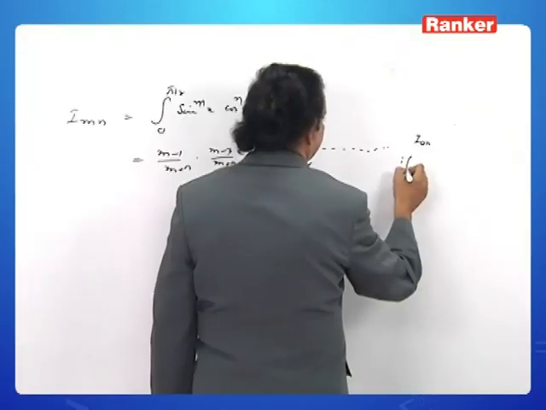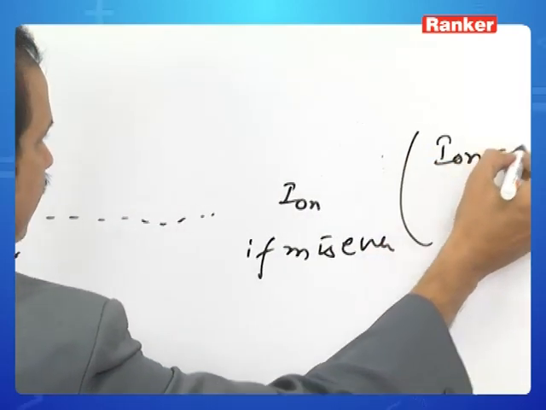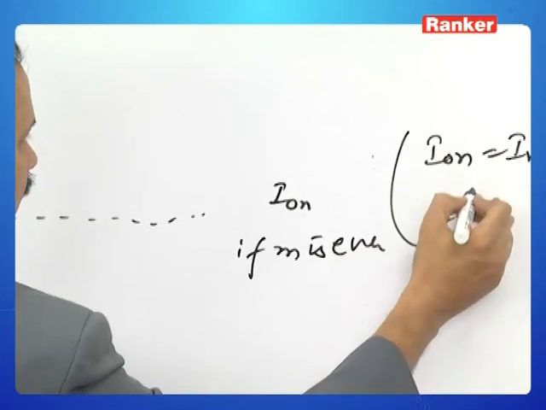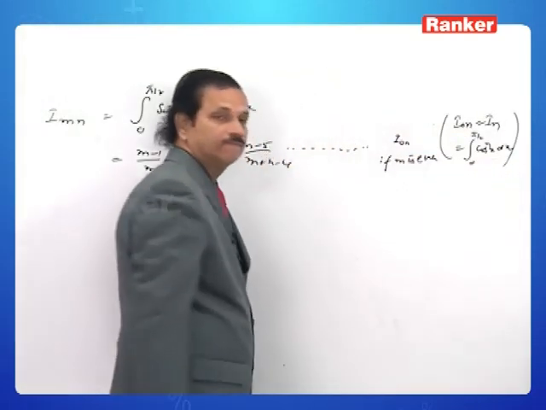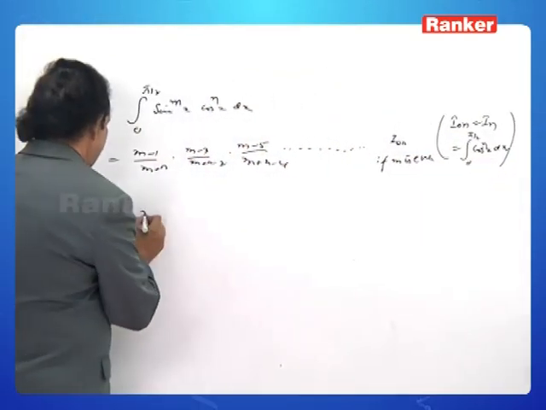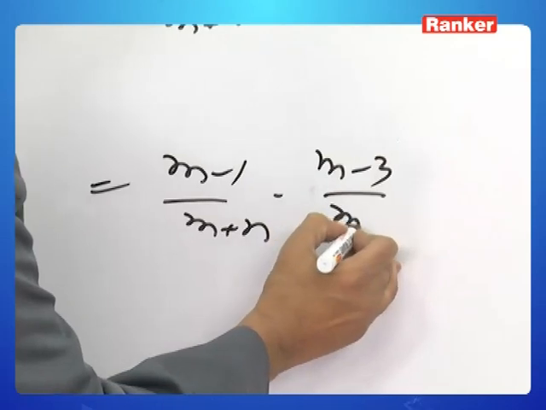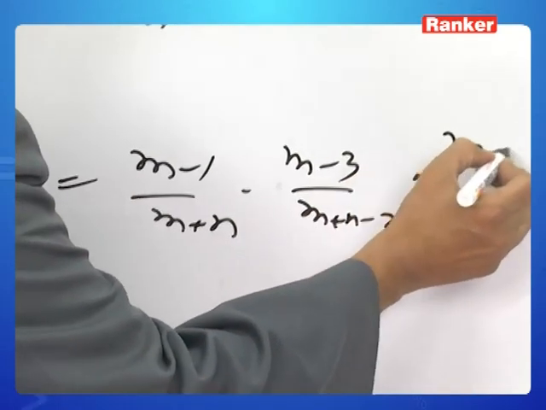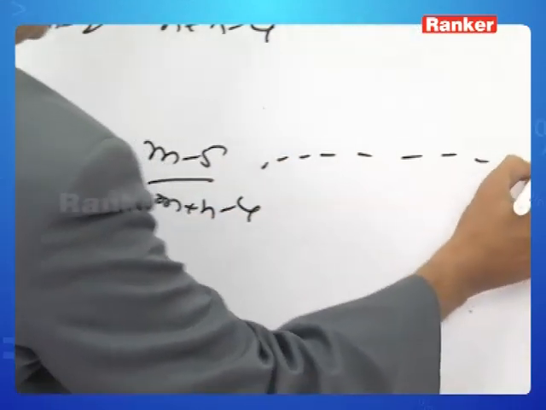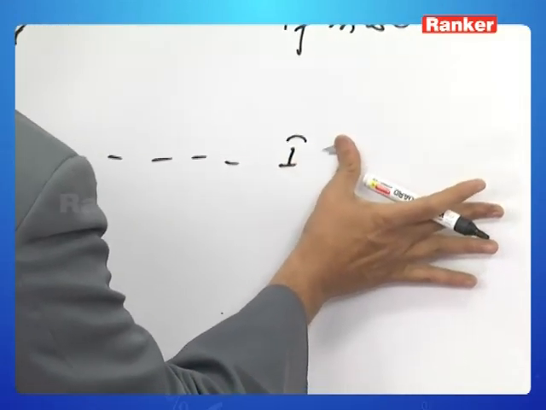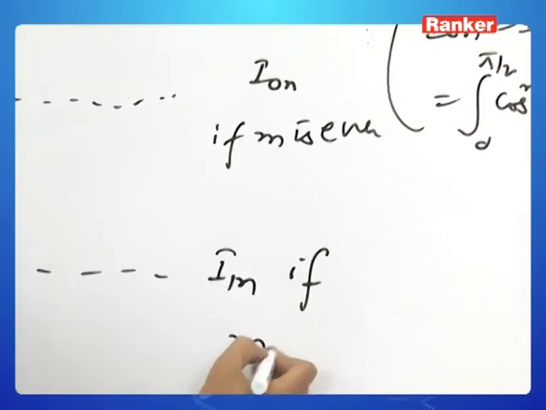I0n if m is even, and I0n is equal to In, which is integral 0 to pi by 2 cos power nx dx. This is equal to m minus 1 by m plus n into m minus 3 by m plus n minus 2 into m minus 5 by m plus n minus 4 into etc, I1n, if m is odd.